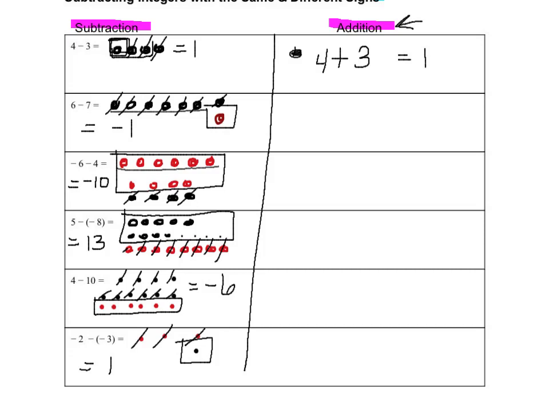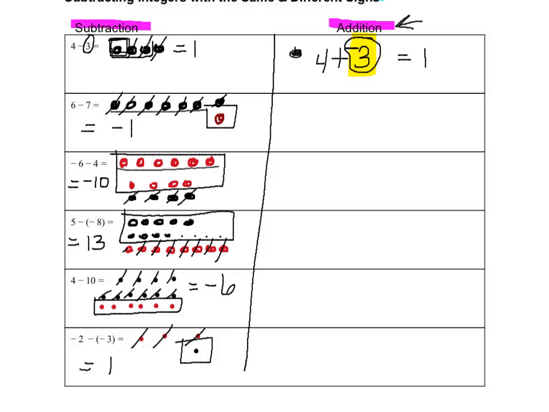So the second number, and it's always going to be the second number, we are going to turn to the opposite. In the original question, it was a positive 3. I am now changing it to a negative 3. We will still get the answer of 1.